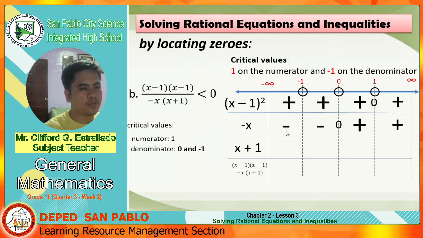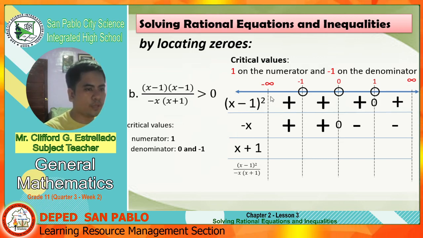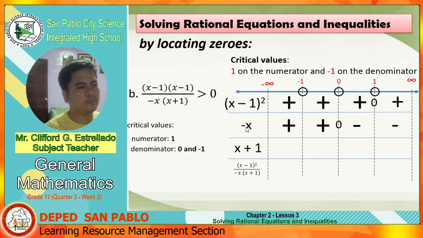So negative becomes positive, and positive becomes negative. So we have positive, positive, negative, negative. So after locating the critical value, take note: if it needs to be multiplied by a negative, we flip the signs.